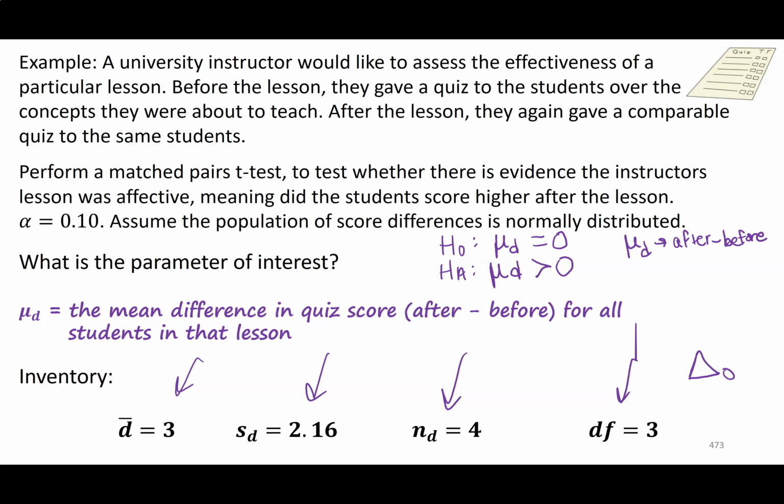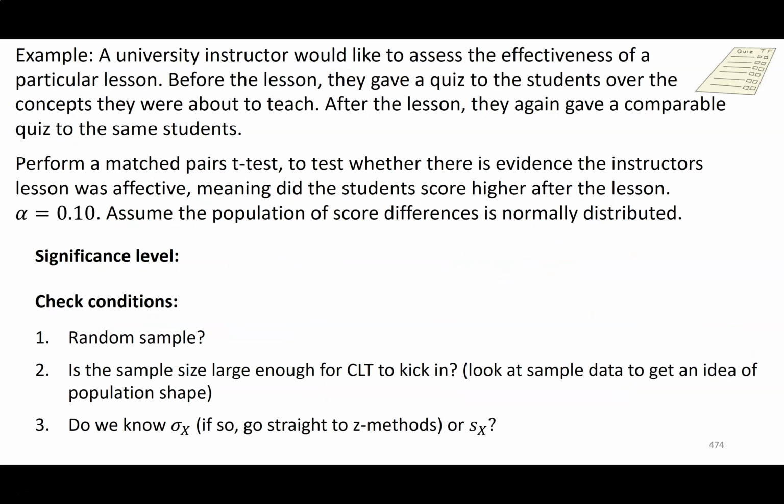Because if after scores were higher, then after minus before should be positive. So my null claimed value is 0. Almost always this will be 0. Every once in a while it's not, but it's not very common that it's something besides 0. So my significance level is 0.10.